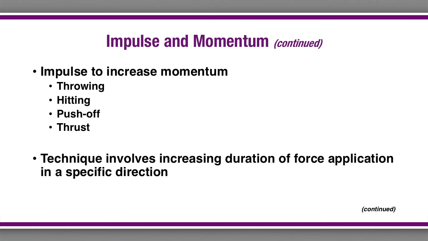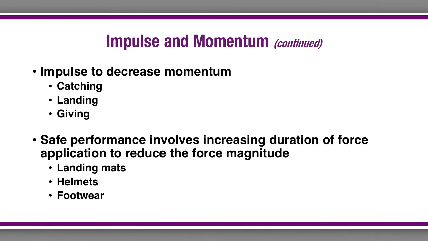So in order to increase momentum of an object or a bat or yourself, because there are limits on the forces that humans are capable of producing in general, many sporting techniques involve increasing the duration of force application in a specific direction in order to increase one's momentum and their velocity overall.